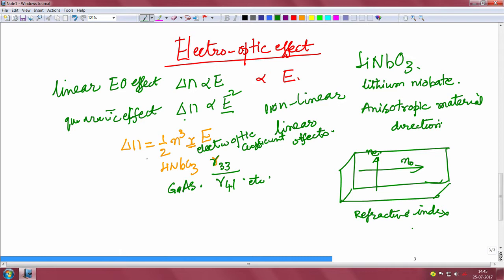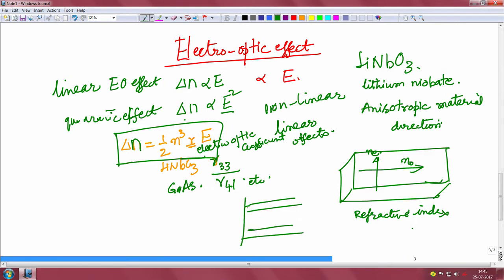So, this is a very simple formula which can be used to calculate what is the change in the refractive index when you apply electric field. If the electric field is applied using electrodes, for example, if this is the waveguide, this is another waveguide, and you apply the electric field to these electrodes, I will draw a proper picture later on.